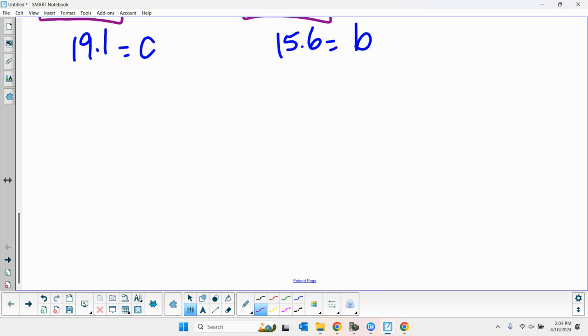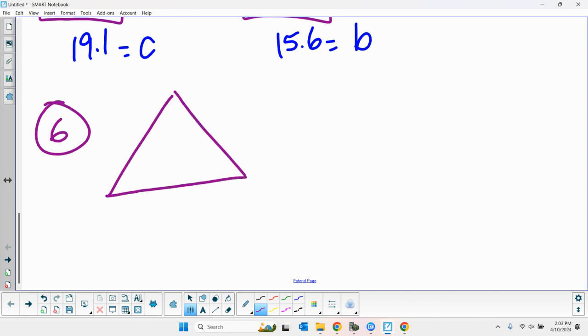All right. So number 6. Again, I just draw a picture. If you want to label them A, B, C, that's fine. I didn't label them. But it said, Ann's creating a triangular frame. 2 angles are 64 and 58. So I just made those.